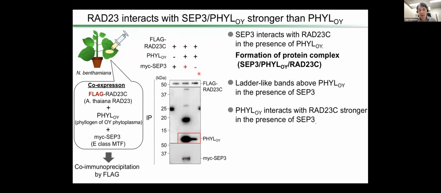Moreover, in the absence of SEP3, PHYL1-OY interacts with RAD23C very slightly. But in the presence of SEP3, PHYL1-OY interacts with RAD23C more strongly, indicating that RAD23 interacts with the SEP3-PHYL1-OY protein complex more strongly than with PHYL1-OY alone.